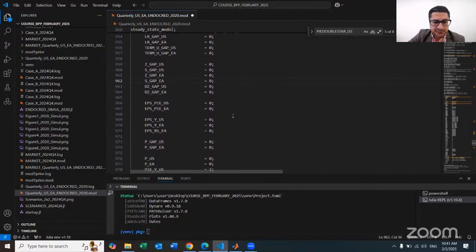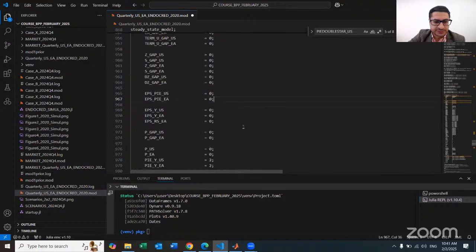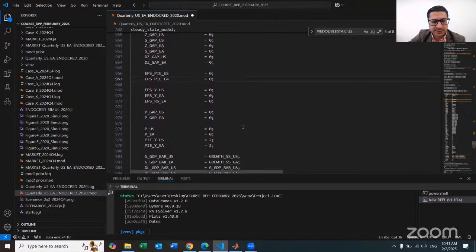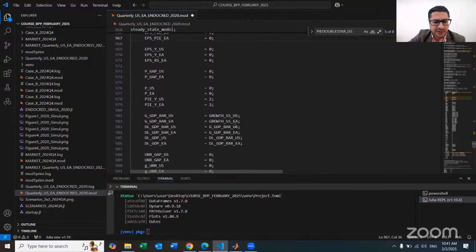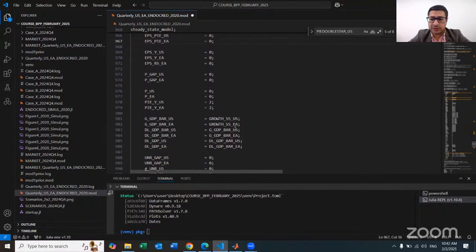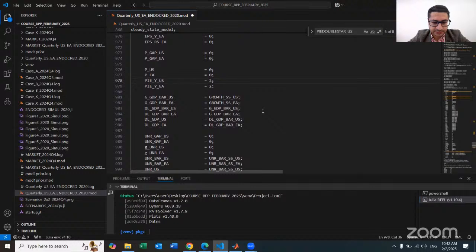Okay. Now the rest. The autocorrelated shocks are zero, but here we don't need to calibrate the IID shocks because Dynare automatically takes them as zero.